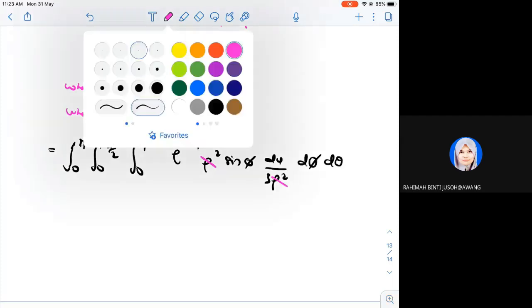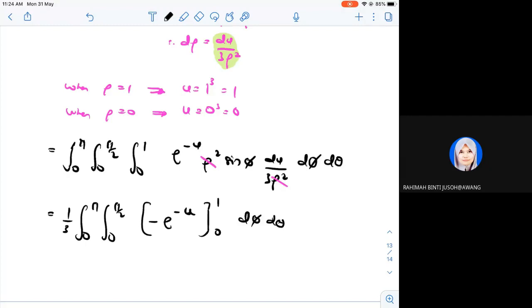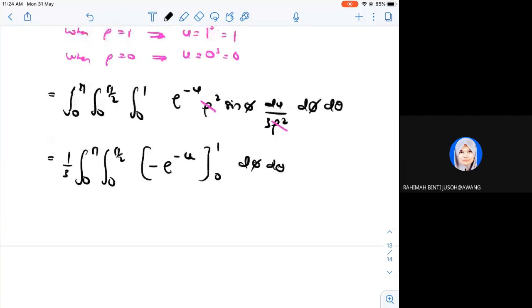Alright, so we will have 1 over 3, 0 until pi, 0 until pi over 2. Exponent negative u, integrate, we will get negative exponent negative u. Substitute 0 and 1, so d phi d theta. Okay, sin phi was left out, sorry. I also left it out. Cut is sin phi.